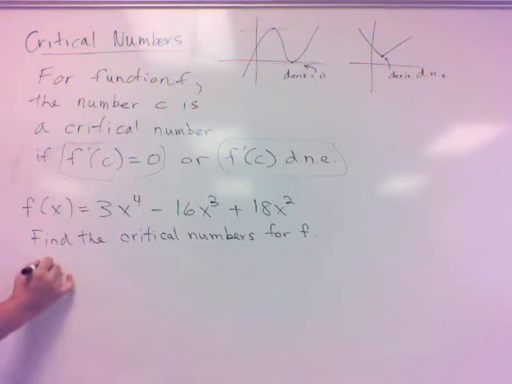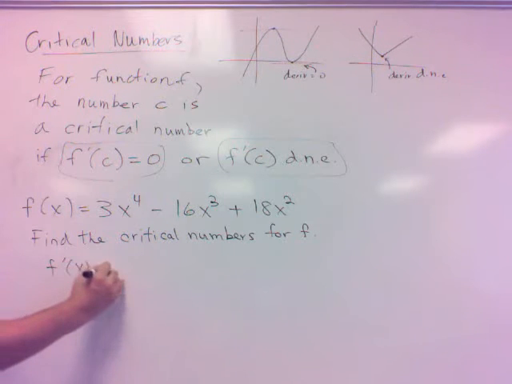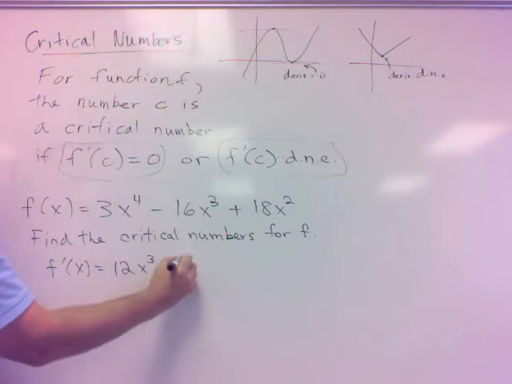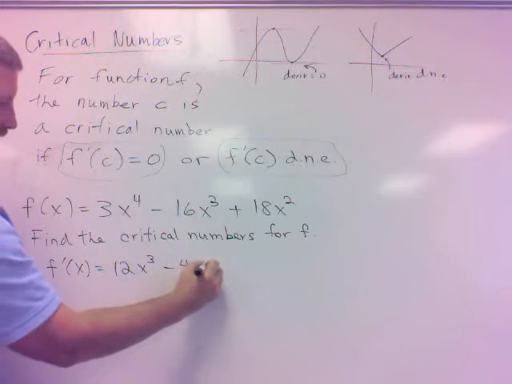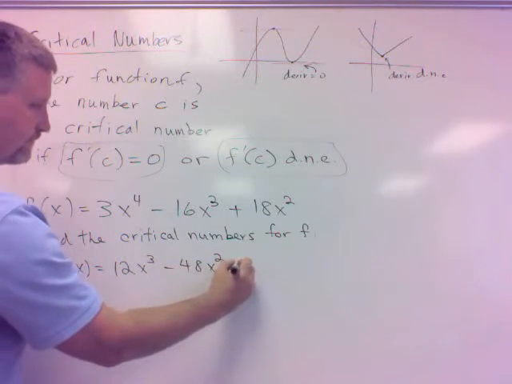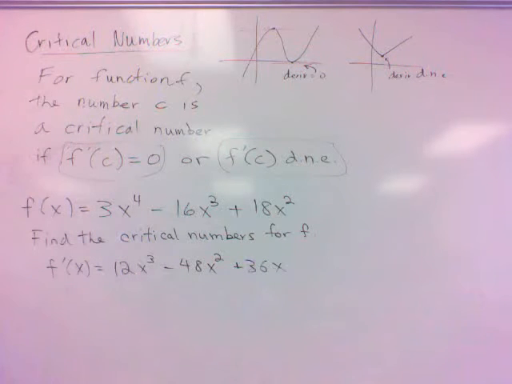So first of all, we're going to find the derivative, f prime of x. Now it's easy. That would be 12x cubed minus 48x squared plus 36x. And we're back to our regular derivatives here, not the DDTs. Just a regular derivative.